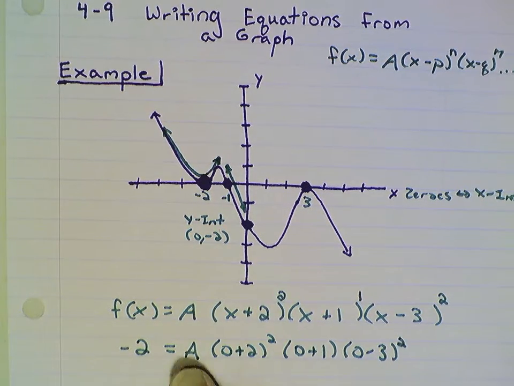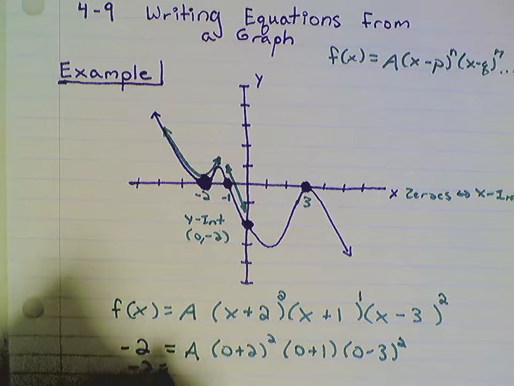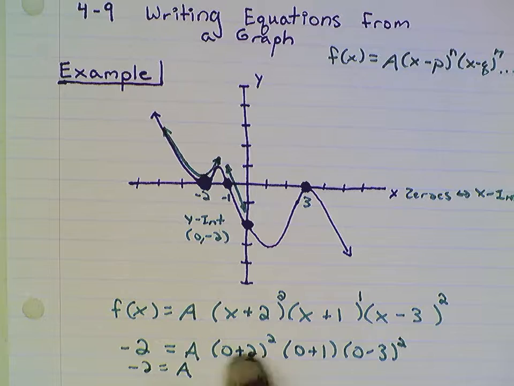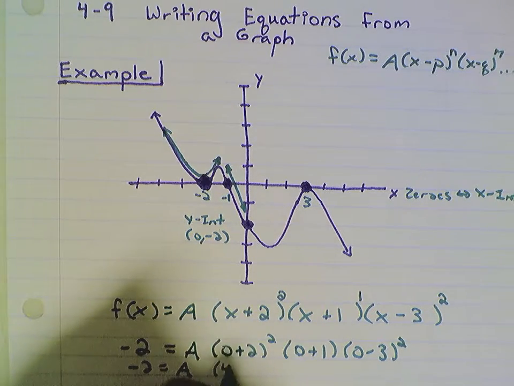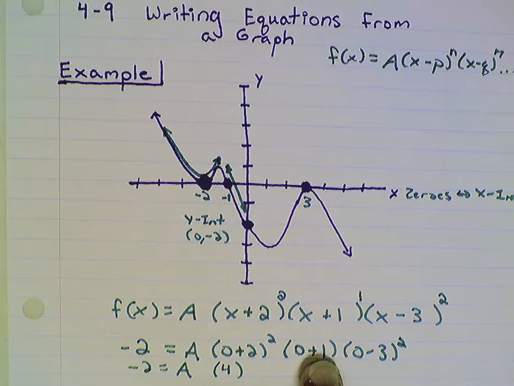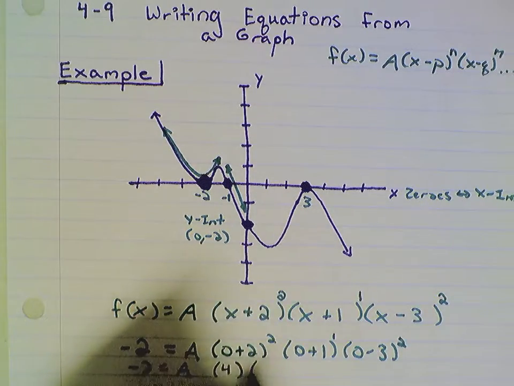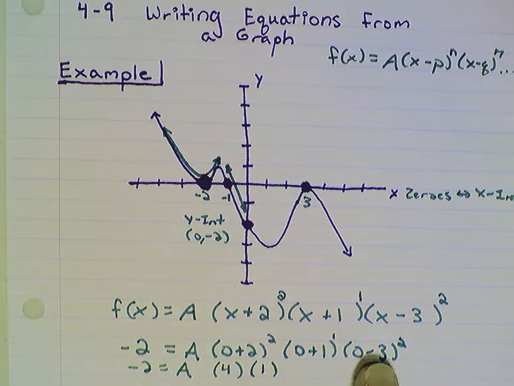And then all I have to do is solve this equation for a. So I get -2 equals a times, well, 2 plus 0 is really just 2, and 2 squared gives me 4. 0 plus 1, yes, it's taken to the first power, but that doesn't change anything, so that's really just 1. And then 0 minus 3 is -3.